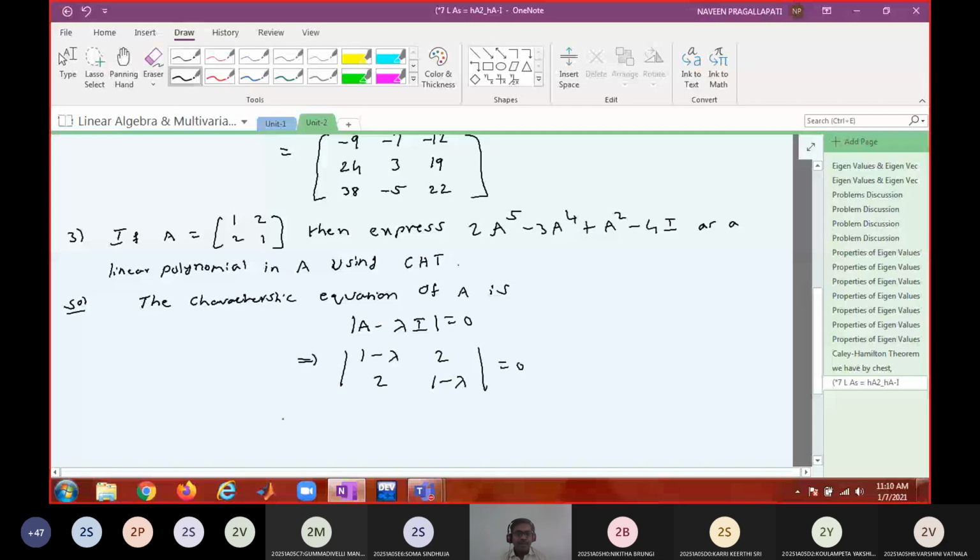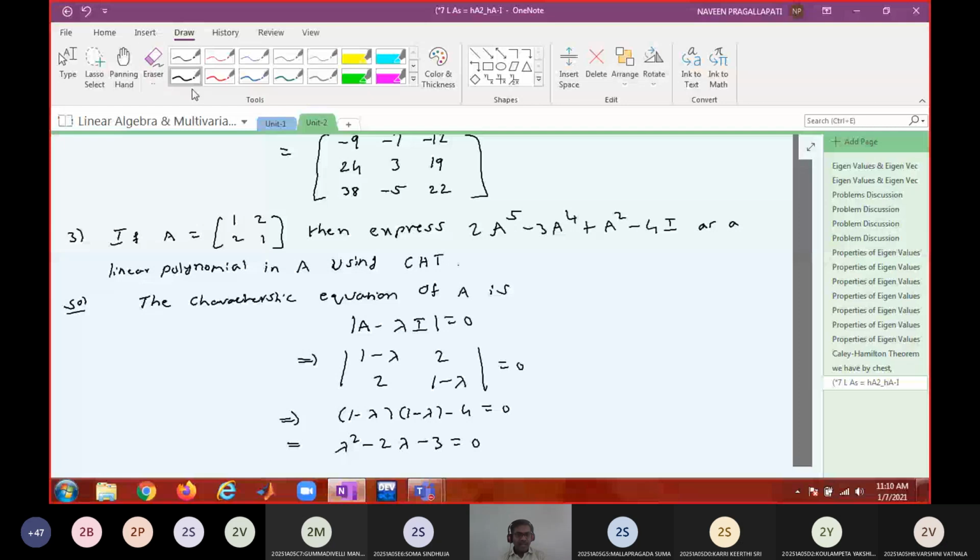Find the determinant and you should get a quadratic equation. Lambda squared minus 2 lambda minus 3 equals 0.